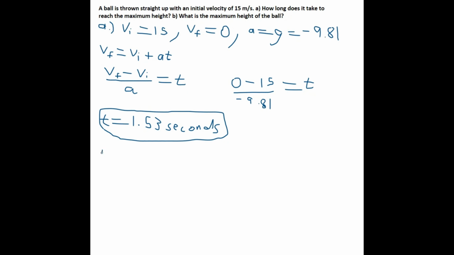Now let's do part B of this question. To do this, we'll use the formula height is equal to the initial velocity times time plus 1/2 acceleration times time squared. We just need to simply plug in all the values that we have.